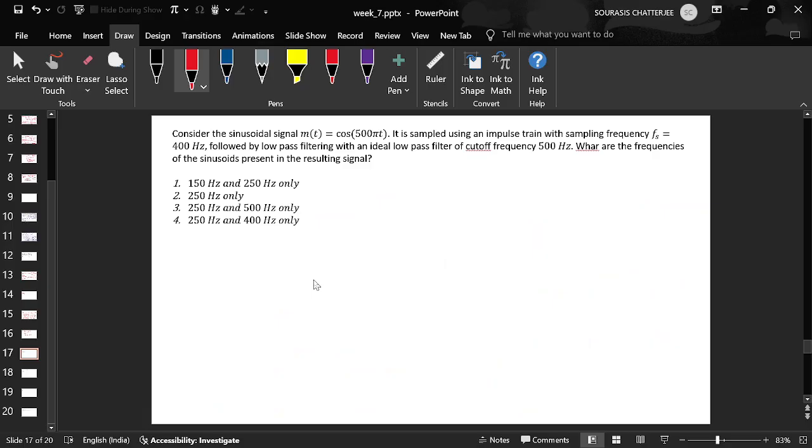So next we look into this question again. We have the sinusoidal signal m(t) equal to cos 500 pi t. It is being sampled using an impulse train, with a sampling frequency of 400 hertz. First notice we have cos 500 pi t, right?